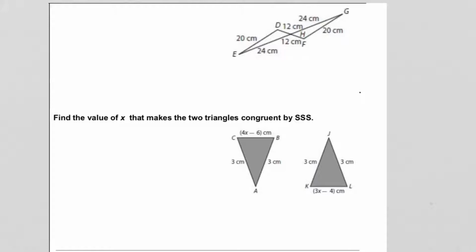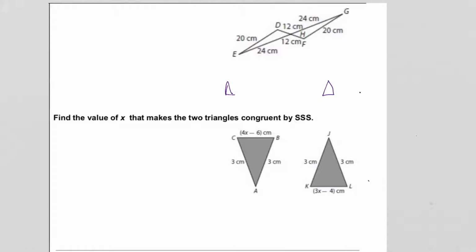So in this example, again, whenever I see a bunch of numbers and letters all over the place, I just try to take a step back and label my triangles. And then at least I can organize my thoughts.